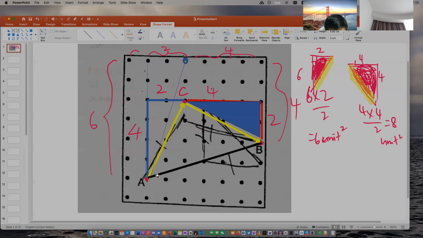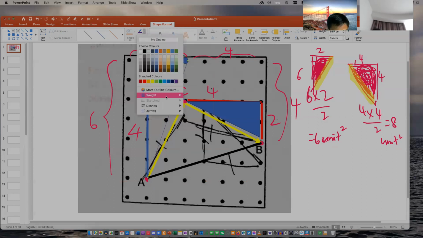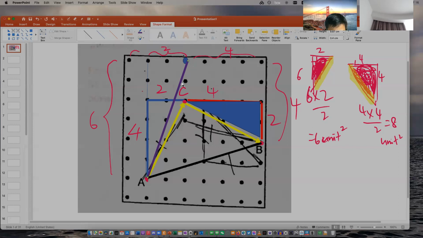Can you verify this line is equal to that line? I mean this line, the purple one. So let me make it thicker. Unless you're telling me your purple line here is equal to the black line, can you verify that? I think you can start to do this.